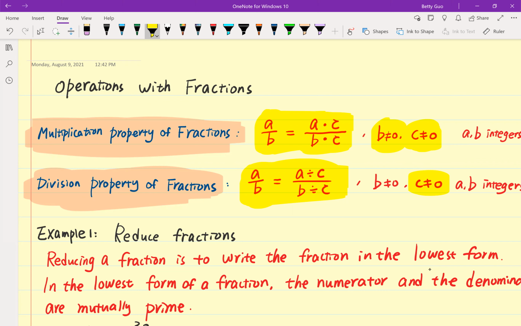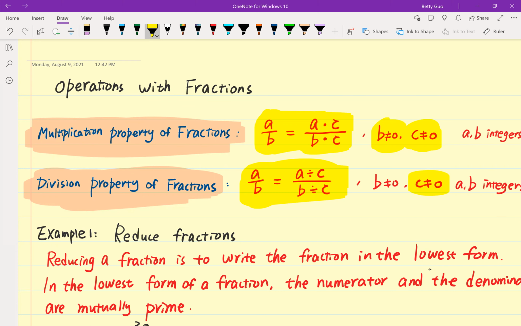We could multiply both top and bottom by a non-zero quantity if we need it, or we could divide both top and bottom by the same non-zero quantity c without changing the value of the fraction. All right, we need those two properties for the operations with fractions.